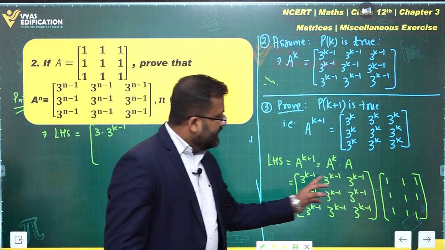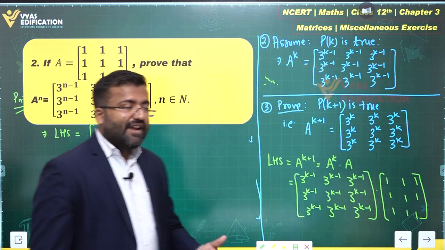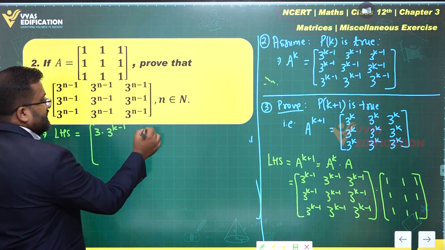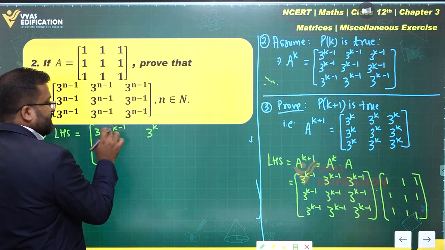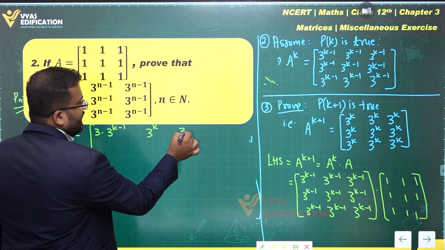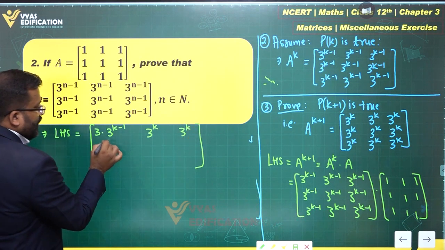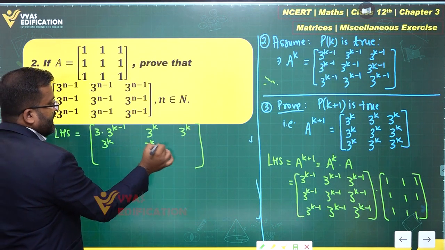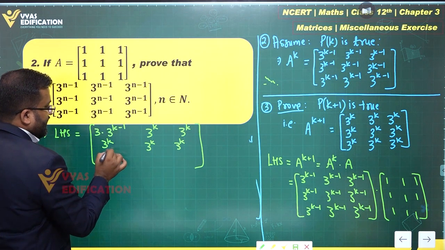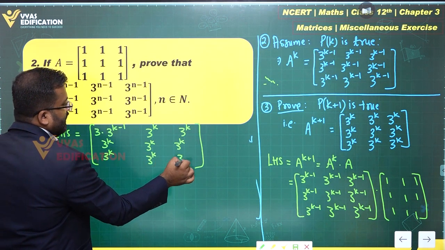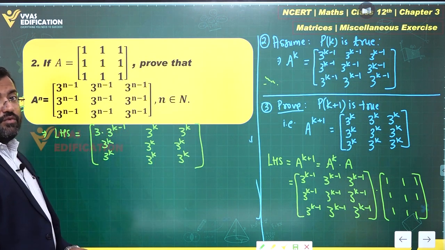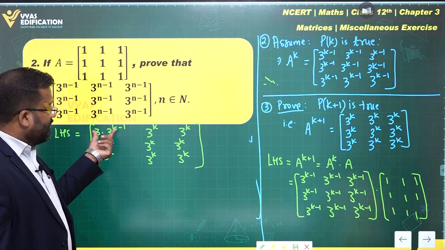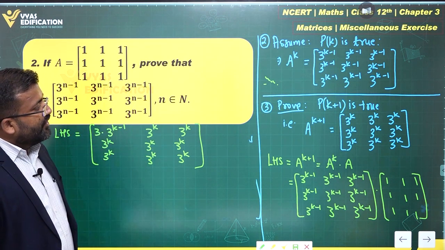Each of these 3 gets multiplied with 1, and we get 3 power k minus 1 into 3, which is 3 power k. The other terms would also be 3 power k, so all the terms are 3 power k.